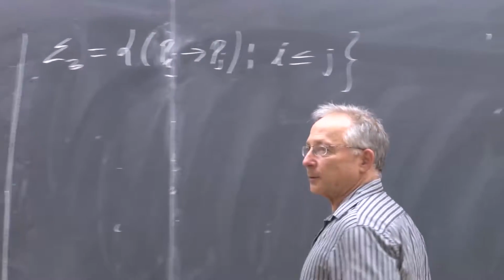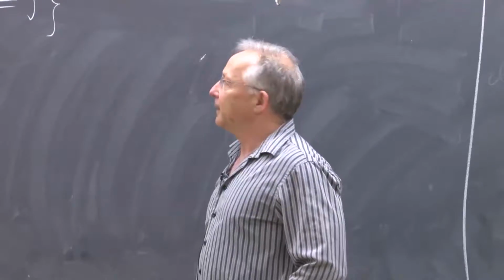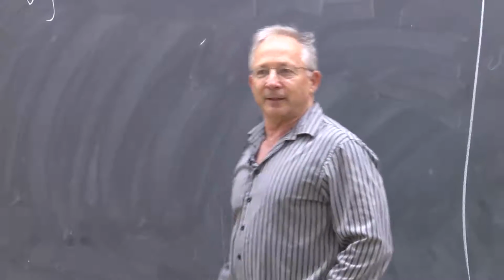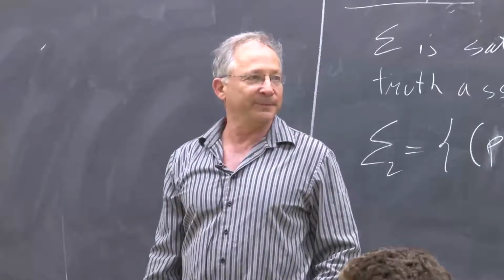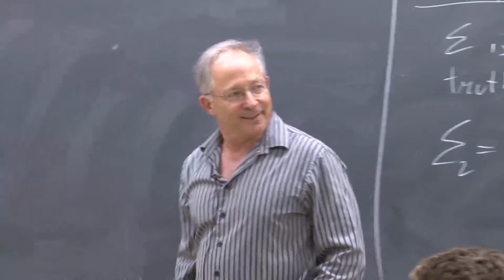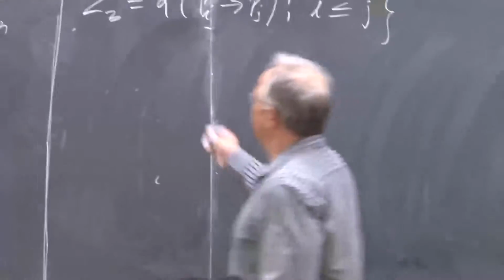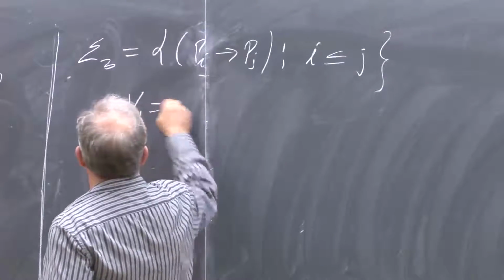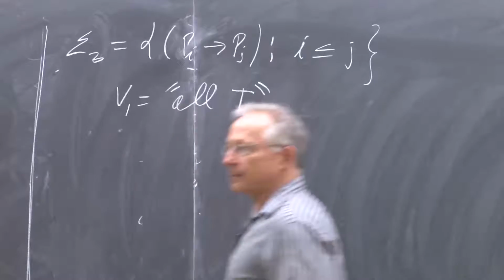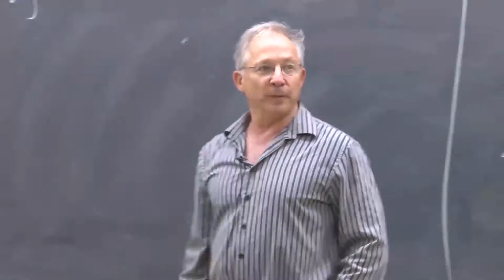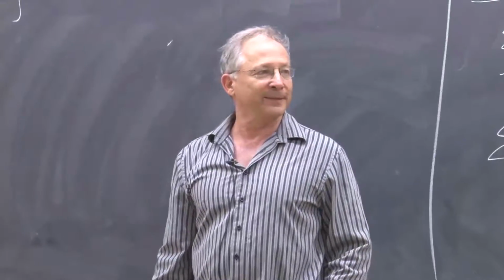What will happen now? Can you show me one truth assignment that satisfies all of them? All true. So of course, V1, which is the all T, satisfies everybody here. Can you show me another one that satisfies all of them?